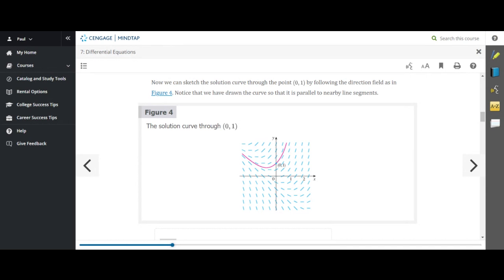Is anybody not seeing that or uncomfortable with that? Samuel? Yeah, I'm not understanding what you see there. Okay, hang on. Let me go back to the whiteboard here.